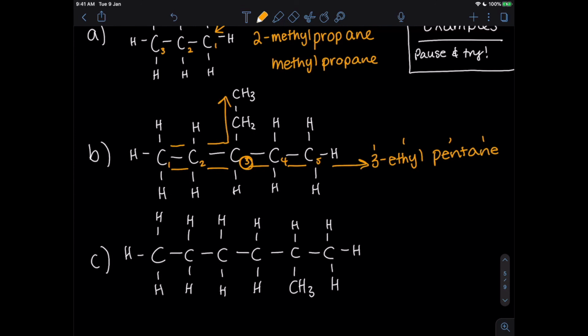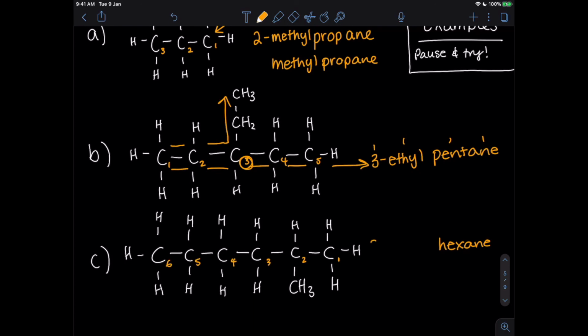All right, now last one here, I've got 1, 2, 3, 4, 5, 6 carbons. So this is going to be a hexane, because again, still just single carbon-carbon bonds. I can see that either the 5th or the 2nd carbon are going to be my methyl group, but again, we want to name carbon number 1 as the carbon that's closest to the most interesting thing, which means that this carbon at the end on the right is going to be my carbon number 1.